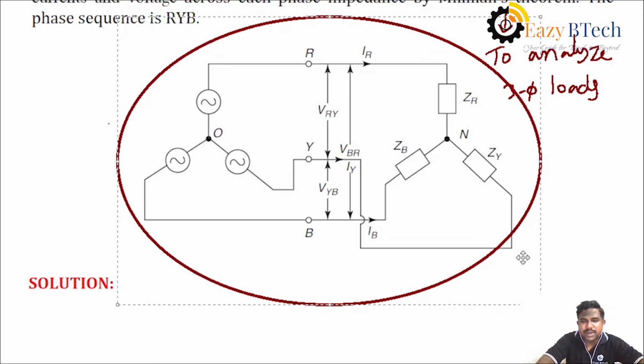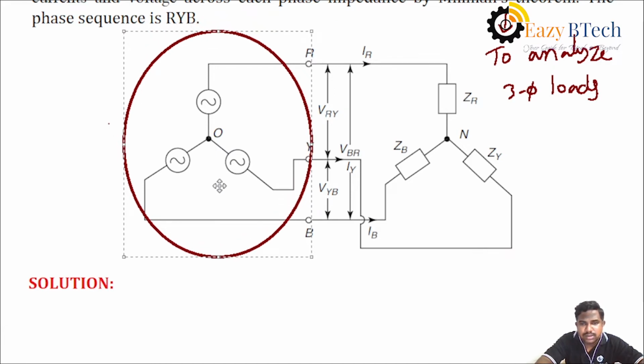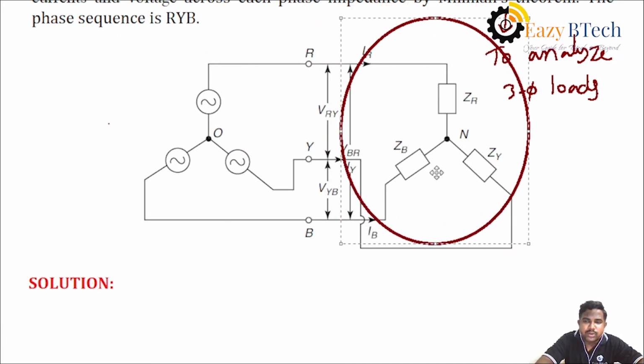There is a star to star connection. The supply side is also a star connection, a balanced star, and it is applied to the unbalanced star connected load.